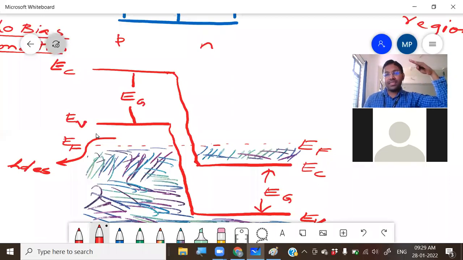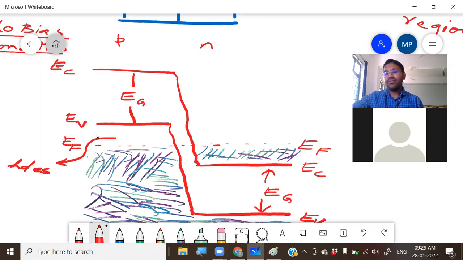What it means is, in the valence band there are vacancies. After those vacancies only you have electrons. Electrons will always occupy the lowest energy, right? You know, 1s2, 2s2 orbitals within the atoms, how the electrons occupy.